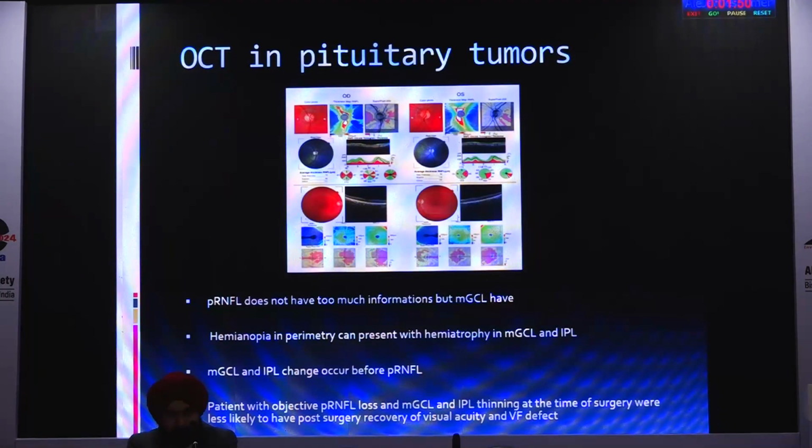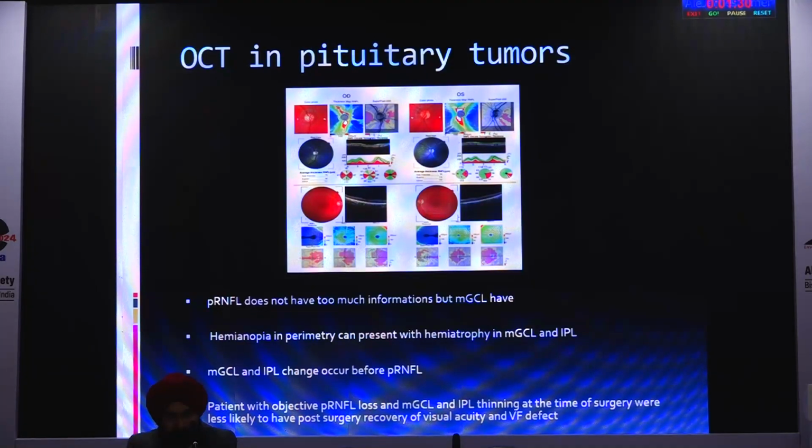as it's seen in the tip of the anterior visual pathway, PRNFL does not have too much information, but macular GCL has importance. Hemianopia in perimetry can present with hemiatrophy in macular GCL and IPL.